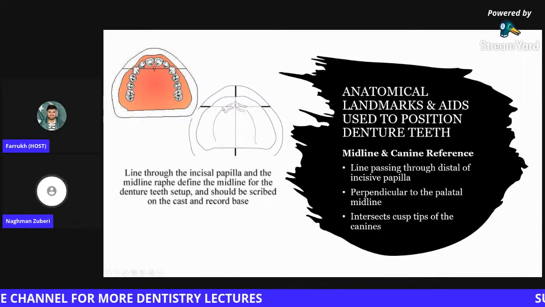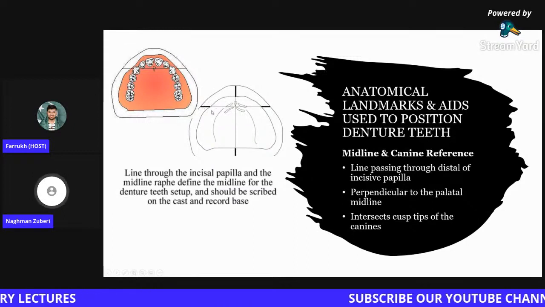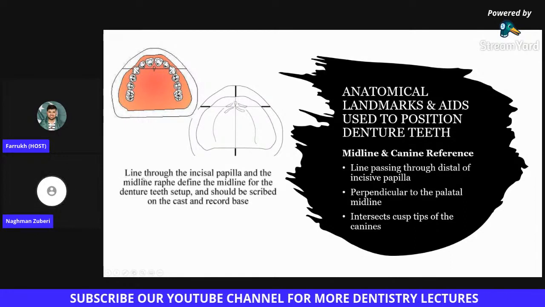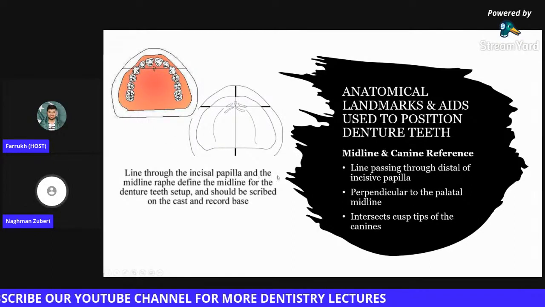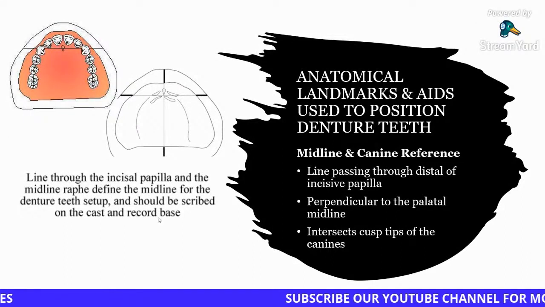It must intersect the cusp tips where they were supposed to be present when the patient was dentate. The lines through the incisive papilla and the midline raphe define the midline of the denture teeth setup and should be scribed on the cast and record base.